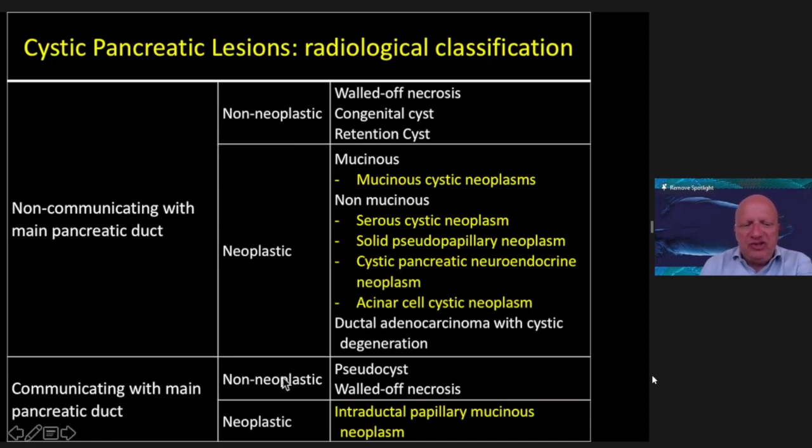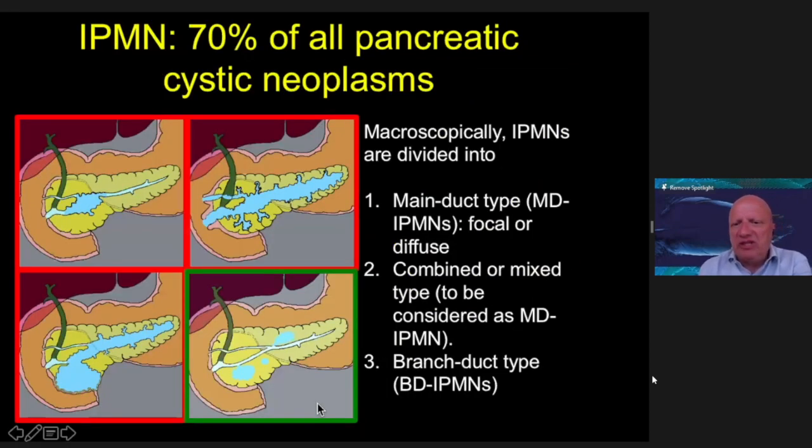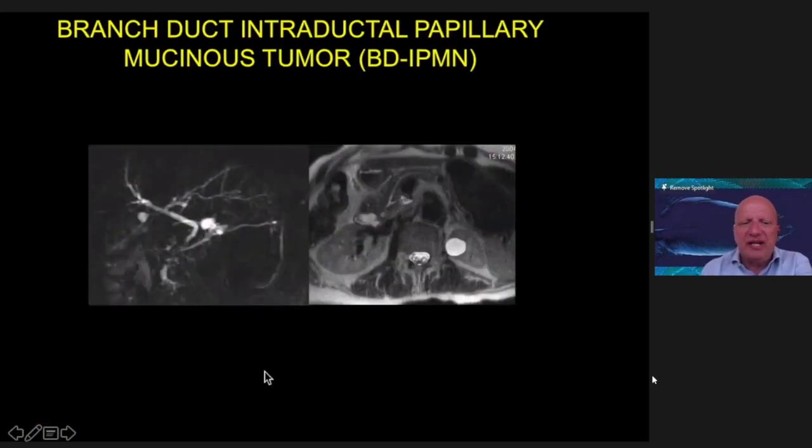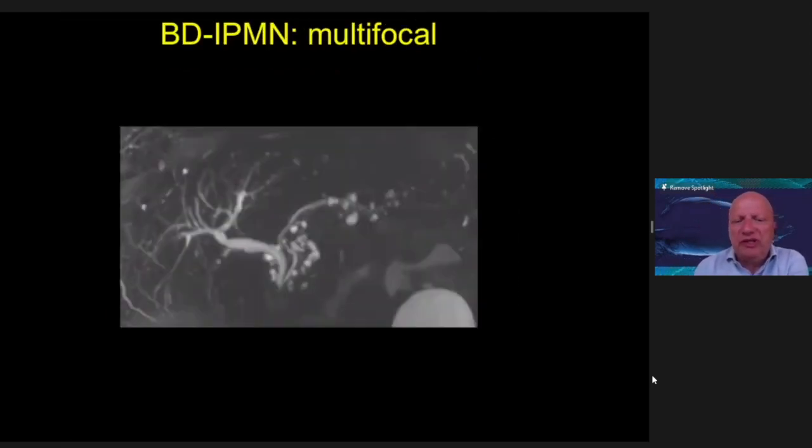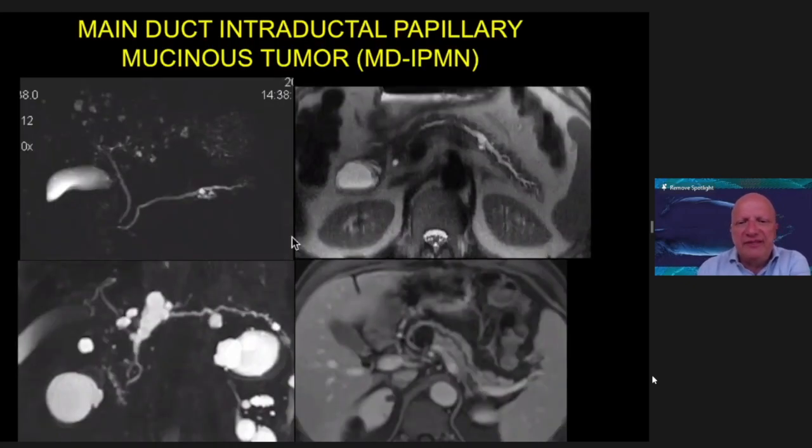And when the lesions are communicating, we discussed the IPMNs. We know they can be main duct, mixed, or branch duct types, and these are very well known lesions to be followed up according to the size. Branch ducts are less aggressive than main ducts, like in this case.